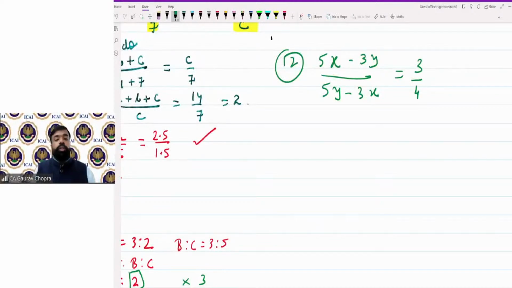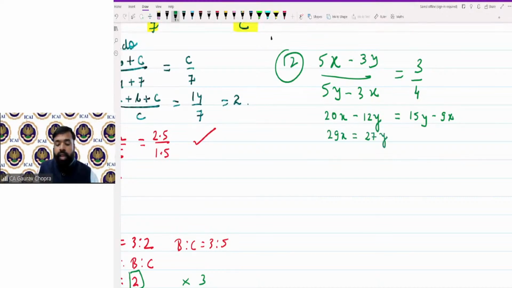So first step is do the cross multiplication. So 4 is multiplied here, 20x minus 12y is equal to 15y minus 9x. Now keeping x on one side and y on other side, so it will become 29x is equal to 27y.